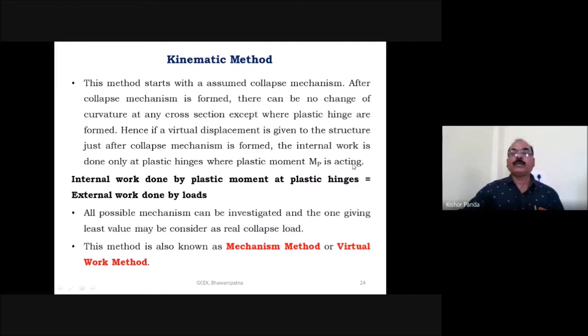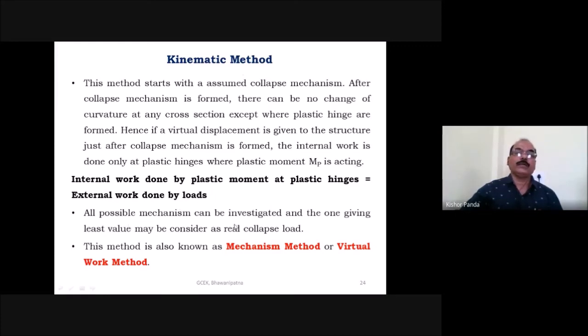So internal work done by the plastic moment at the plastic hinges is equal to the external work done by the load. Using this formula, you can find the collapse load in the kinematic method.